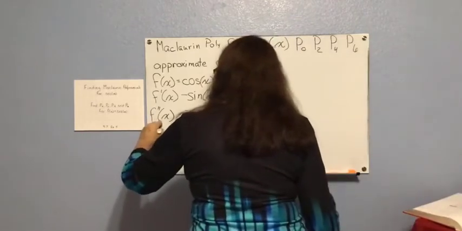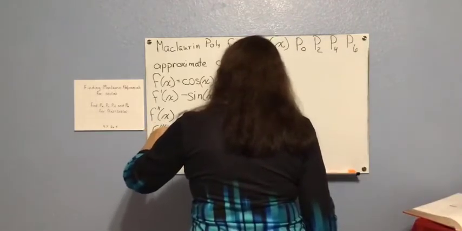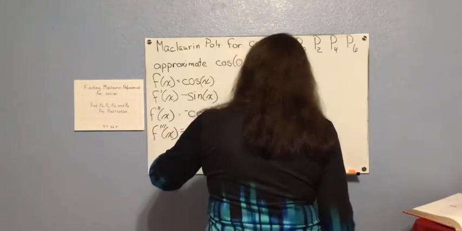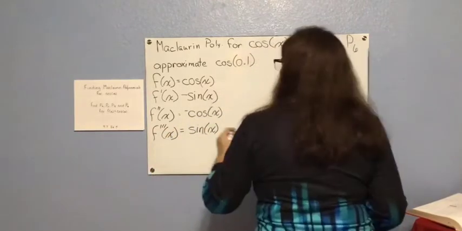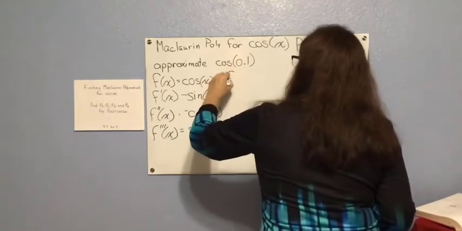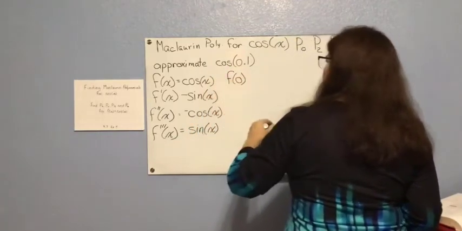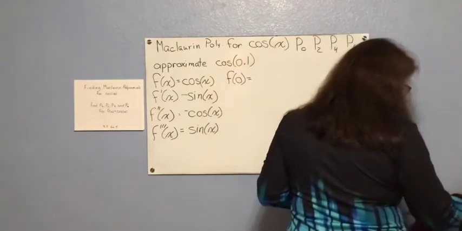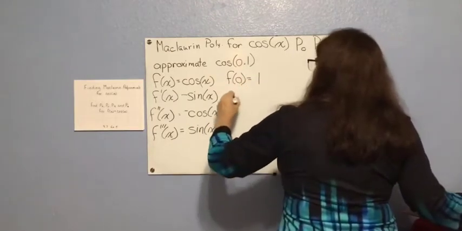And the third derivative, I'm back to sine x. Okay, so if I do f of 0, the cosine of 0 is 1.